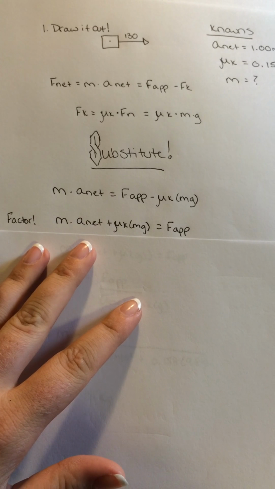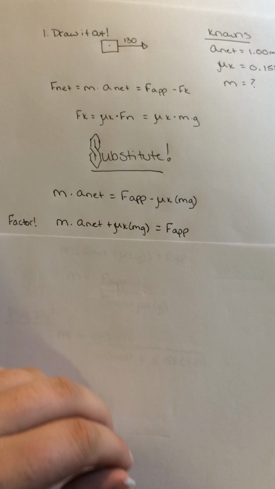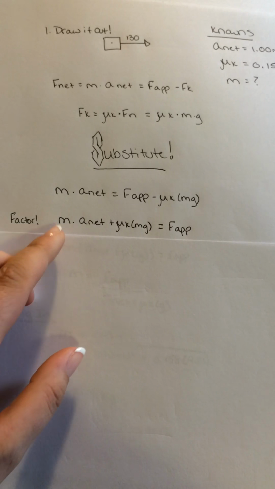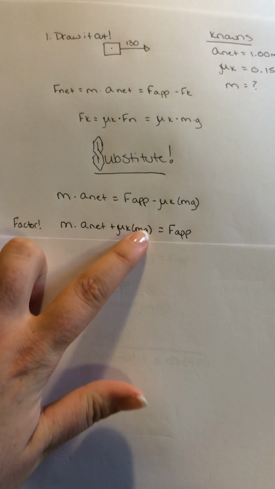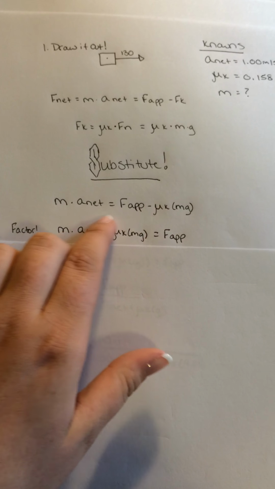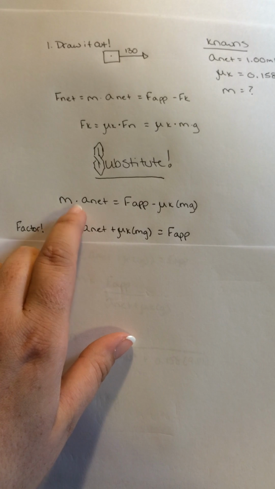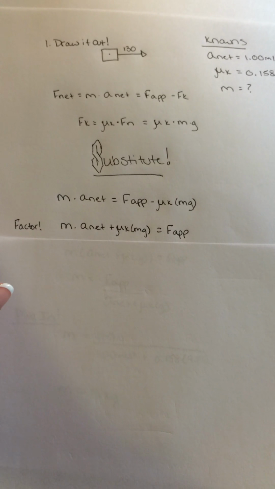Let's use a little bit of math to figure out how we can get mass by itself. We have mass times the net acceleration plus the coefficient of kinetic friction times mass times gravity, so we moved this term over here. Why did we do that? Because we have two terms with mass, we want them on the same side.